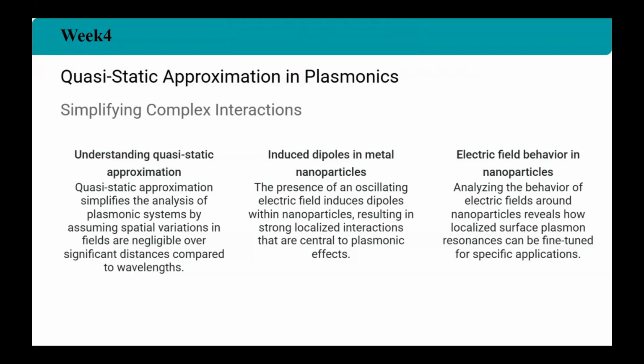There will be induced dipoles in metal nanoparticles. The presence of an oscillating electric field induces a dipole in nanoparticles, resulting in strong localized interactions that are central to the plasmonic effect.